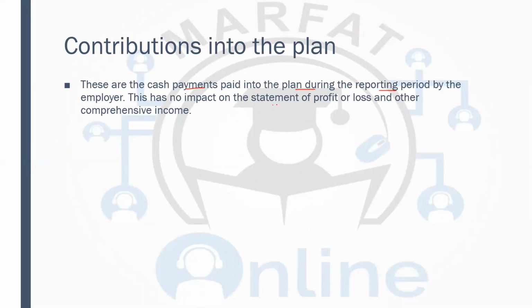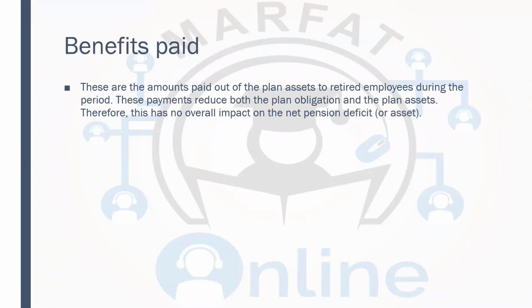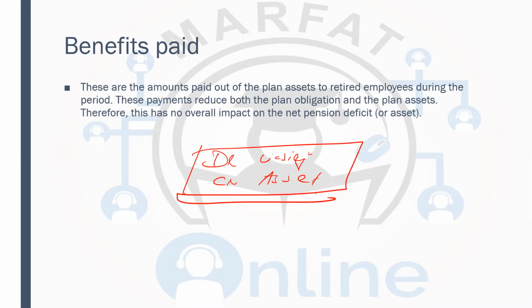And we do not record the cash payment as an expense. We record the current service cost and the past service cost as an expense rather than the cash payments. Benefits paid, when the benefits are paid, will reduce both the asset and the liability. So basically it's debit plan liability and credit plan asset. So that is why we do not show any movement in front of that.